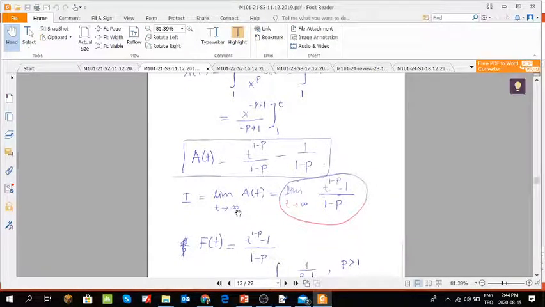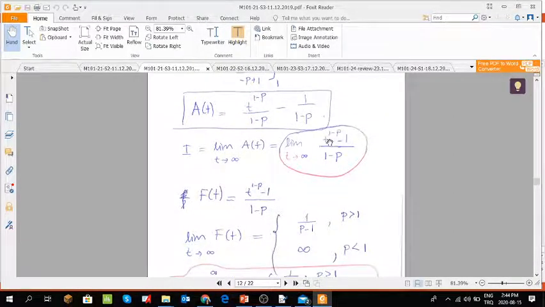Let's let t go to infinity. Then, if p is bigger than 1, this is going to go to 0. P bigger than 1 means this is negative, 1 over infinity down here. So the answer is 1 over p minus 1.